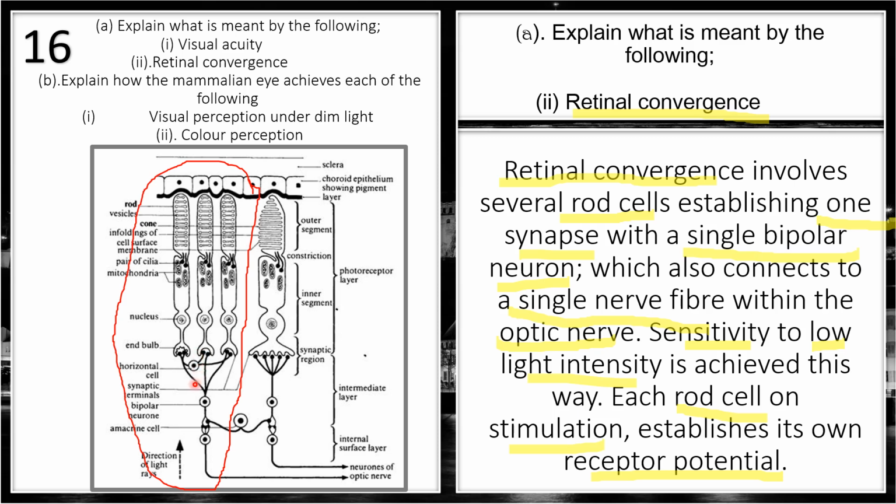When they create a receptor potential, they join together and connect to one single bipolar neuron. Then all the information will be carried by a single neuron to the brain, which information is coming from all these three rod cells.